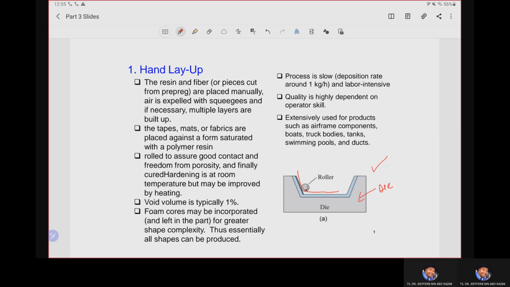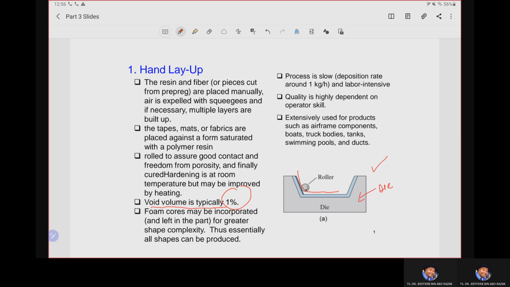Later, after we combine the matrix with the reinforcement, we cure to harden our composite at room temperature, or the curing can be accelerated by heating it in the autoclave. For this method, the void content or void volume is typically about 1%. It's quite high. Using this method, we can also introduce a foam core to form complex hollow shapes.